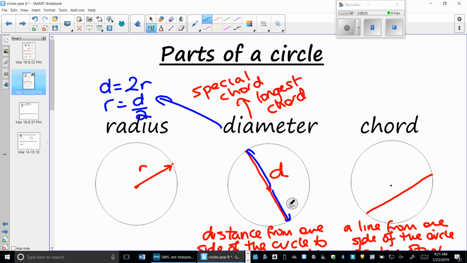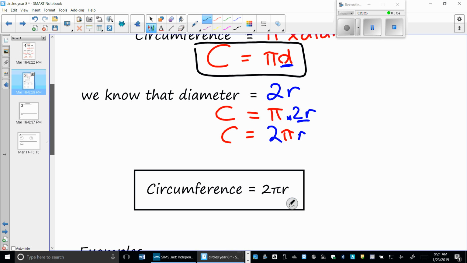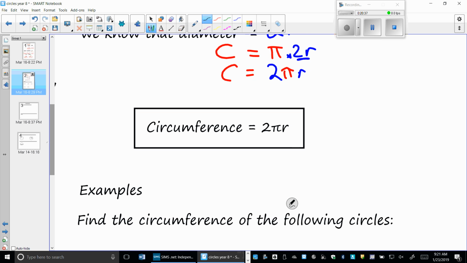So that means instead of writing the letter D for diameter, I can write 2r, because that's the same. And then all I've done here is rearrange the order. So we've got circumference equals 2 pi r, or circumference equals pi d. Both of these are legitimate formulae.